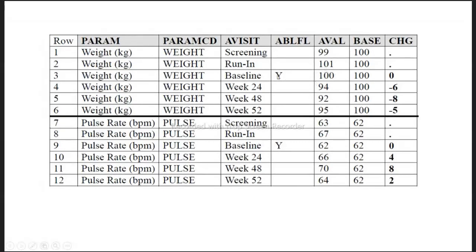Whenever we have BLFL equal to Y, whatever the eval value that we have, I'm taking the same value. I didn't transform it. If the three rules are satisfied, what should I do? I should go with a new variable. Understand this one? Is this clear, everybody?